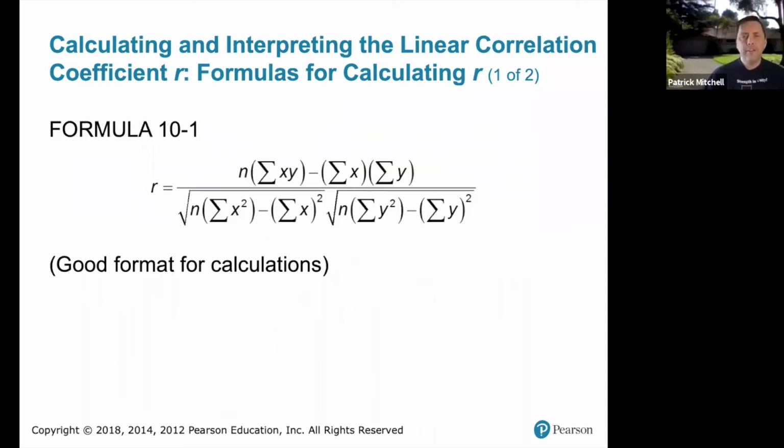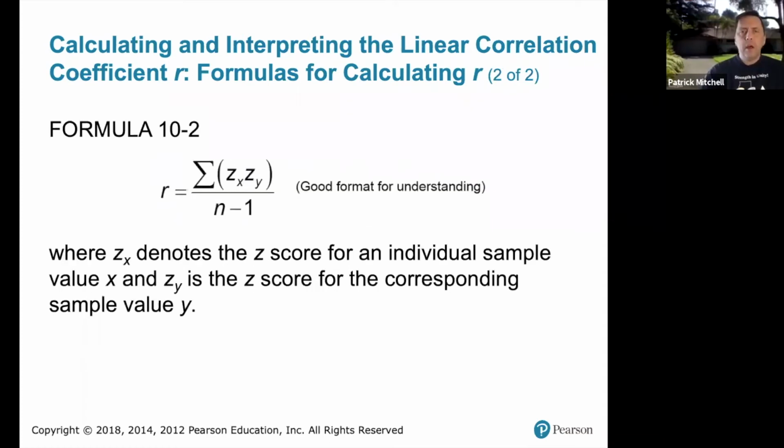Okay, so here is the formula for calculating R. It looks kind of scary, but it's really not that bad. And believe it or not, this formula will be easier to use than the next one I'm going to show you, which I probably won't use at all. This formula requires you to calculate the z-score for each and every one of your x's and each and every one of your y's.